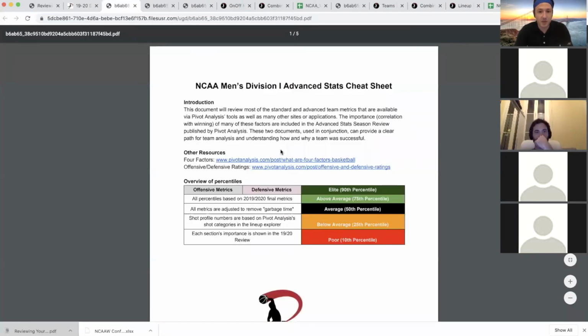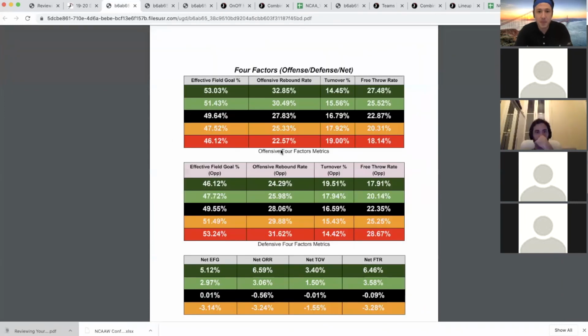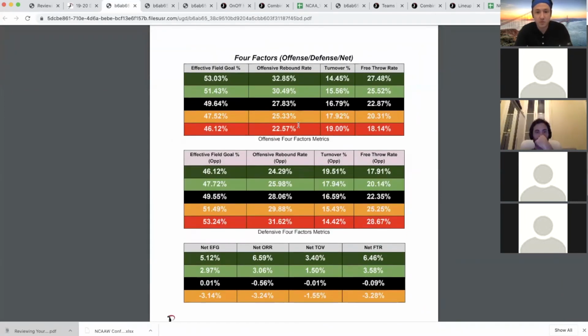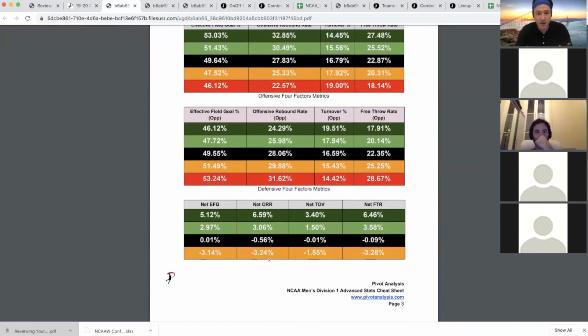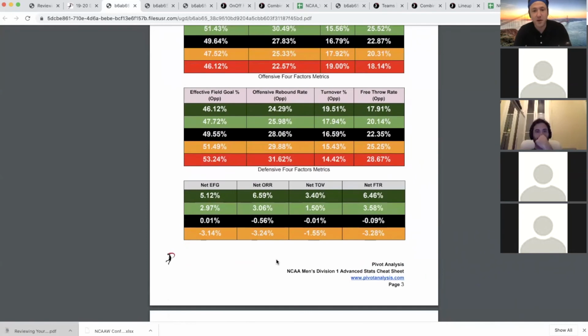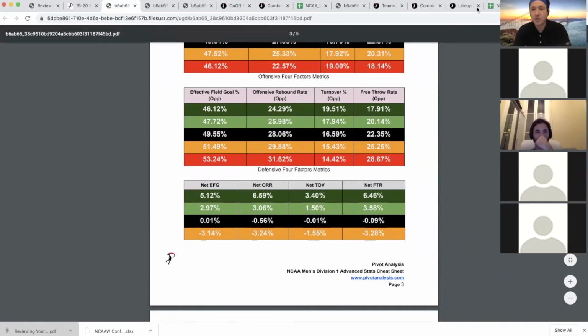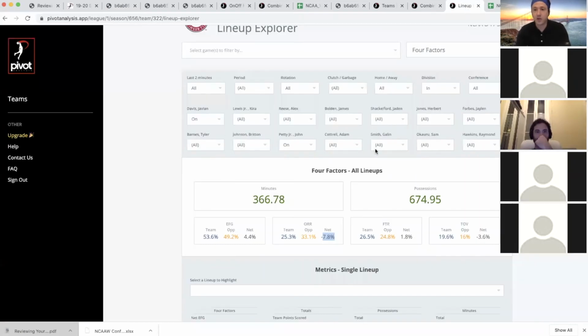Let me pull that up. Yeah, well, probably like 1st percentile, 0. So very, very bad. So it's pretty clear what's happening in this scenario. And they're also a negative differential on turnovers.